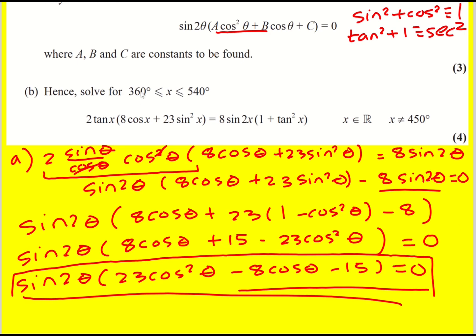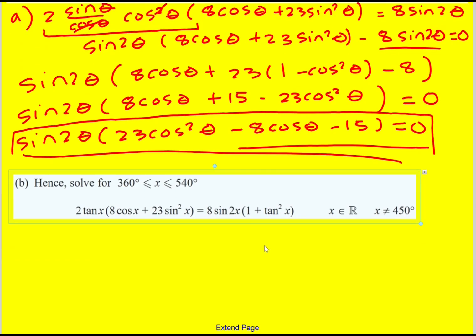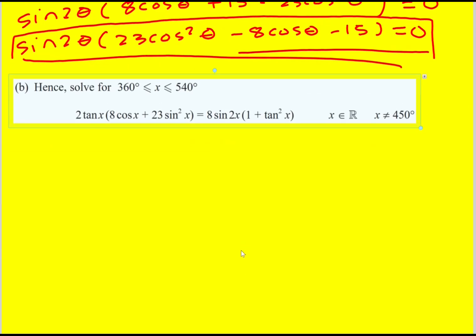Hence solve this equation in the range 360 to 540. So we can replace it by what we've just shown it to equal. I just need to replace my thetas by x's.